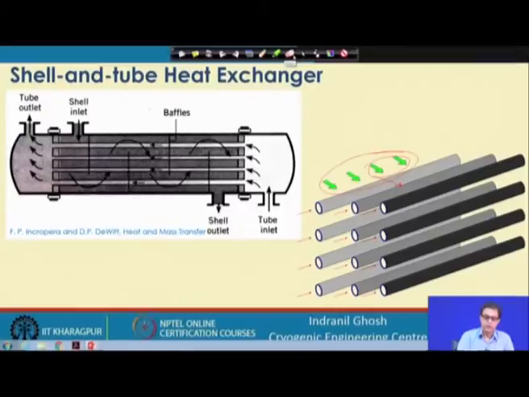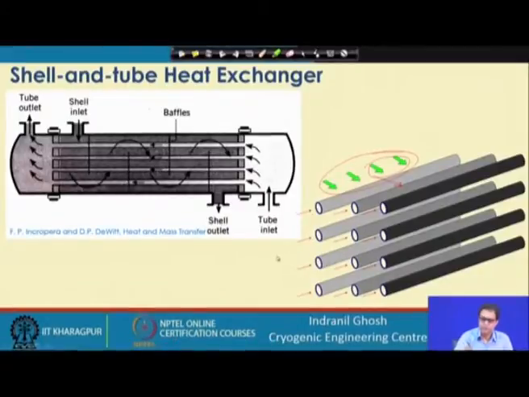So, this is particularly valid or relevant for the fluid flow over the tubes in the shell side.